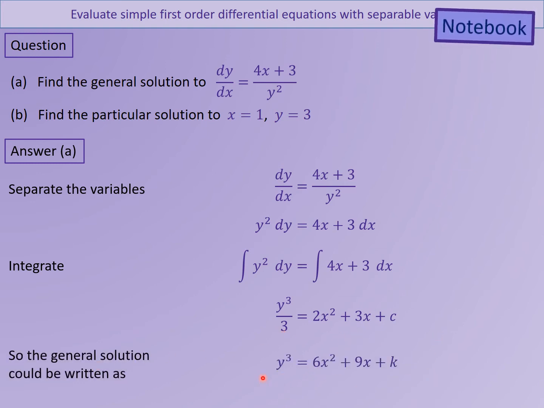Okay, so we'll look at what I've done there though. It's worth just noting, because I've multiplied by 3, I've neatened that part up to get y cubed. The 2 obviously goes to 6 when I multiply that by 3. The 3 obviously goes to 9 when I multiply by 3. And if you've written 3c just there, there's absolutely nothing wrong with that answer. c is multiplied by 3 as well, so you'd have 3c.